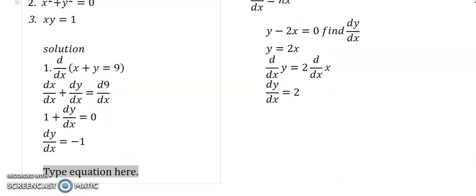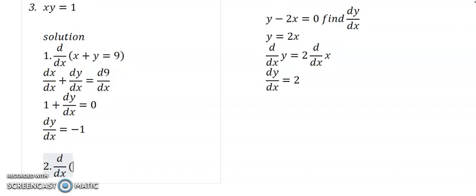Number 2. To solve number 2, we're going to do it like this, guys. d over dx of x squared plus y squared equal to 0.